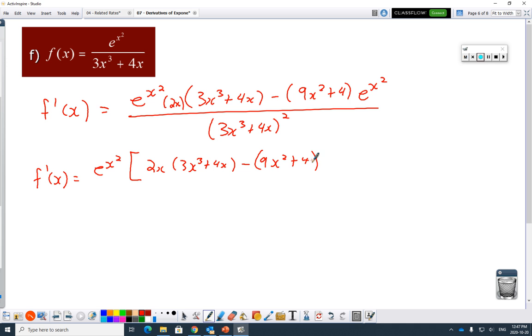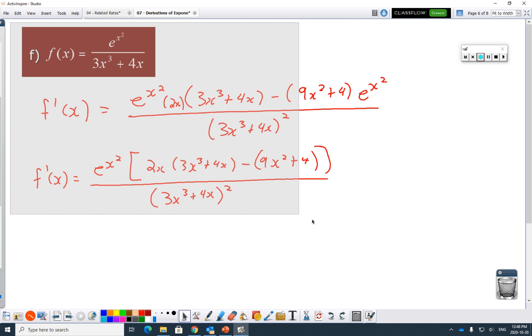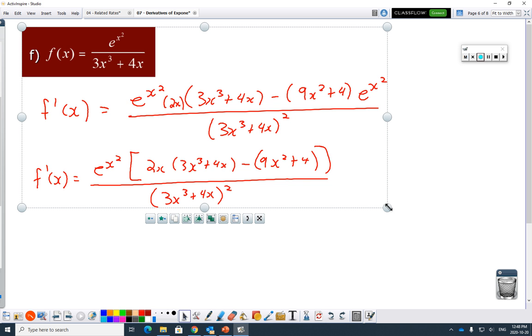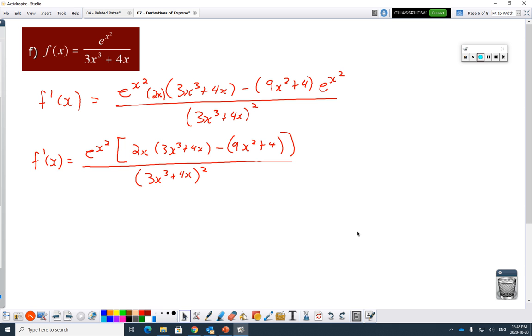Tried to show that all on a separate line there. And then some bracket simplification. Then I'll pause to deal with this denominator issue that came up in the test, but I didn't punish anyone for missing it.